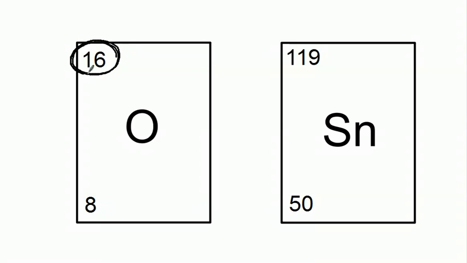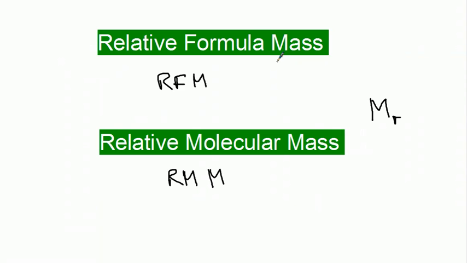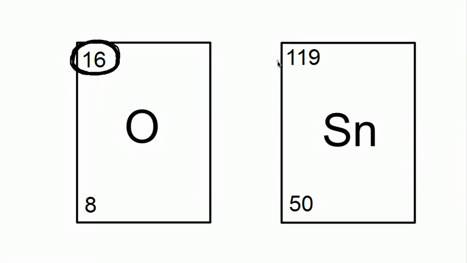As I'm sure you will remember, this is the atomic mass. For oxygen the atomic mass is 16, for tin the atomic mass is 119. What we can do with those is work out this relative formula mass or relative molecular mass by adding up all of the different atomic masses that make up a compound.